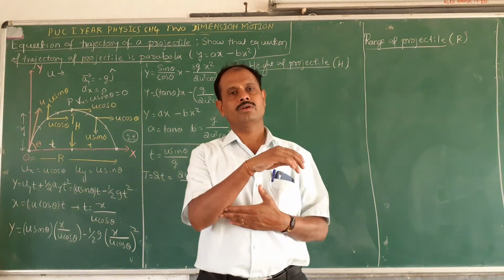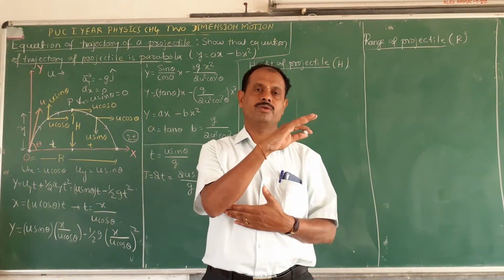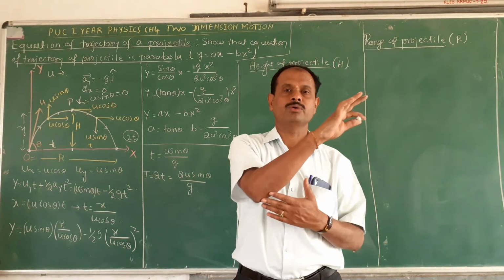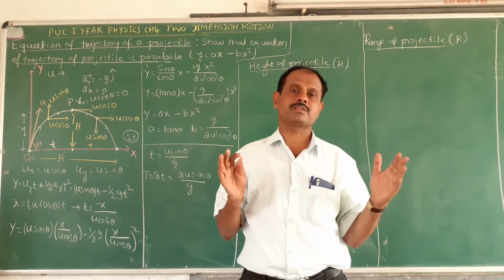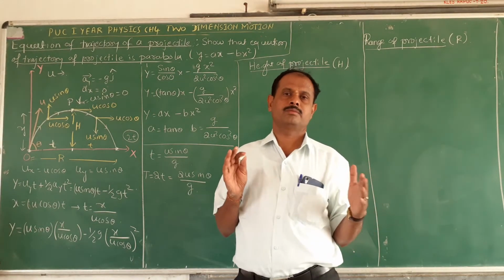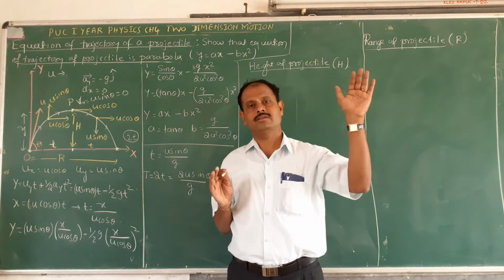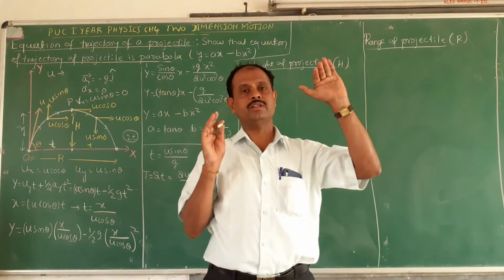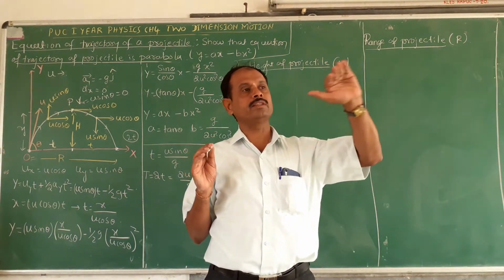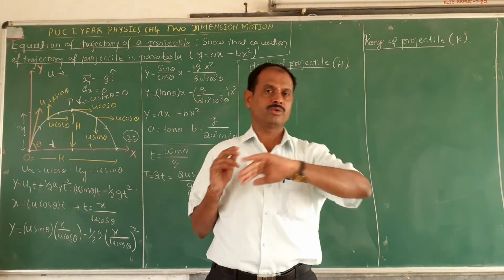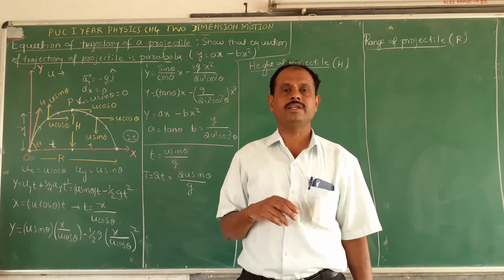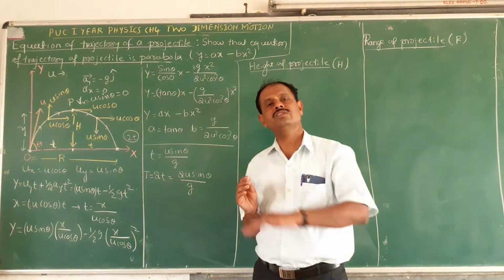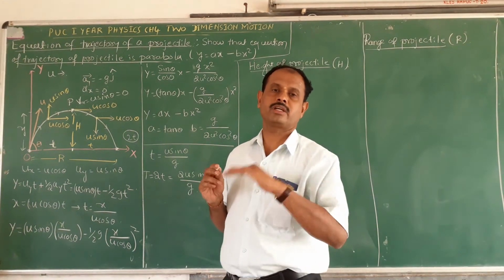Javelin throw, discus throw, shot put throw are examples of projectile motion. Any missile you launch moves in a curved path due to the effect of gravity.